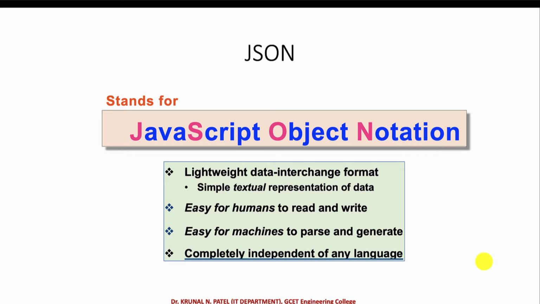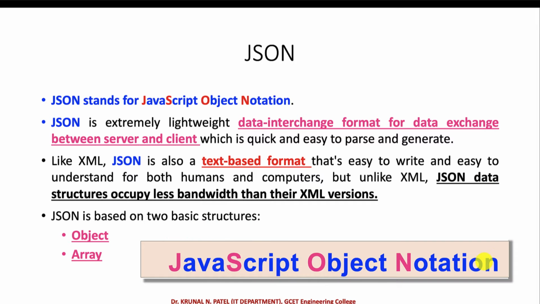All the modern programming languages support JSON parsing. JSON is an extremely lightweight data interchange format for data exchange between server and clients, which is quick and easy to parse and generate. That's why it is more popular than XML nowadays.